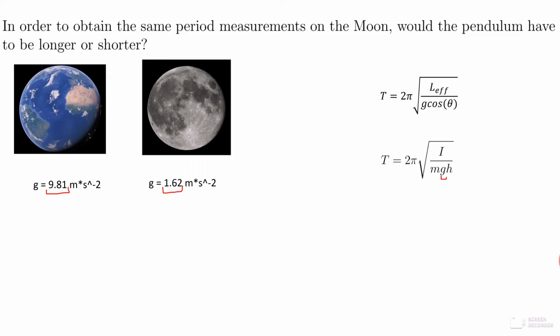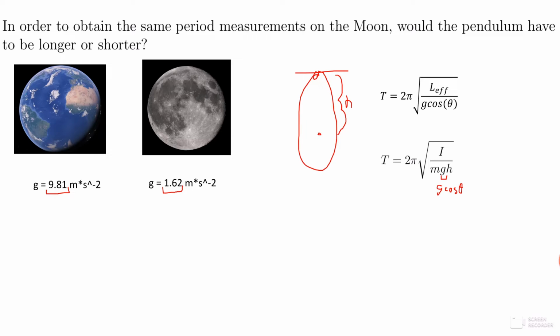Here g, remember, should be g times the cosine of theta. But for this thought experiment, we will assume that theta is 0. So how much longer or shorter must it be? Well, if you remember, a physical pendulum is an object, and h is defined by the length between the pivot point and the center of mass. This here is h. So having a longer or shorter pendulum means that h changes. Shorter means that h is smaller, larger means that h is larger.